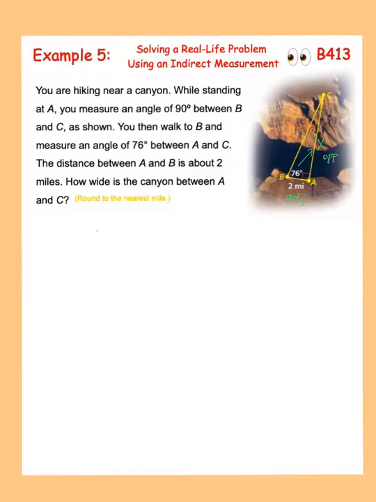So I'm going to say tangent of 76 degrees will give me x, which is opposite, divided by the adjacent, which is 2. So now when I solve this, I multiply both sides by 2. So x will equal 2 times the tangent of 76 degrees.